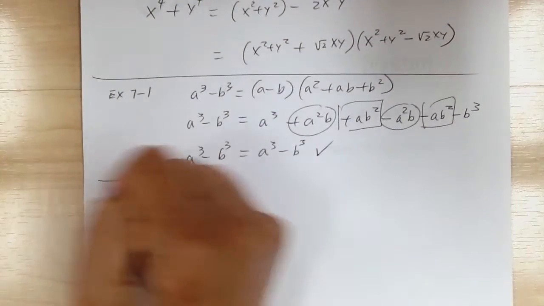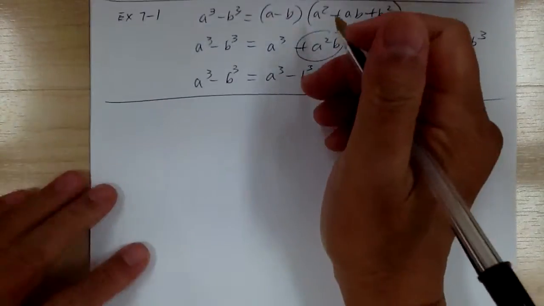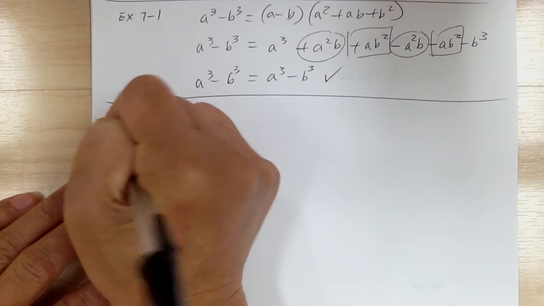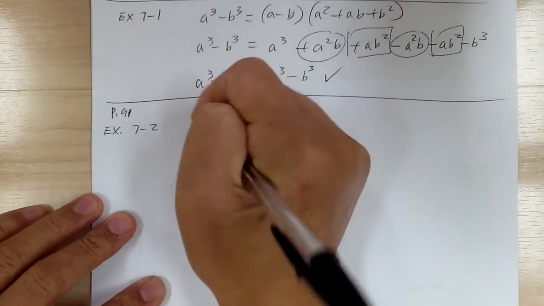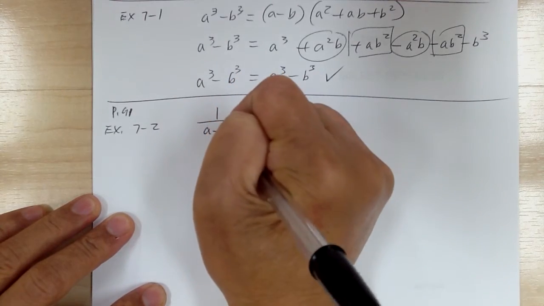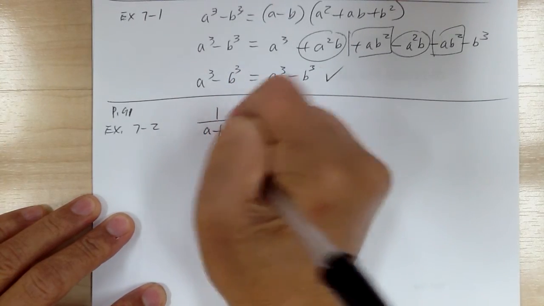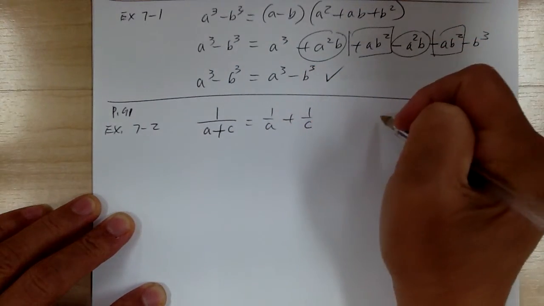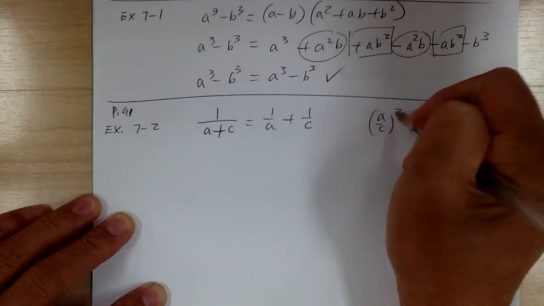Okay, let's go to example 7-2. So if you have 1 over (a plus c) equal to 1 over a plus 1 over c, you're looking for (a over c) cubed.